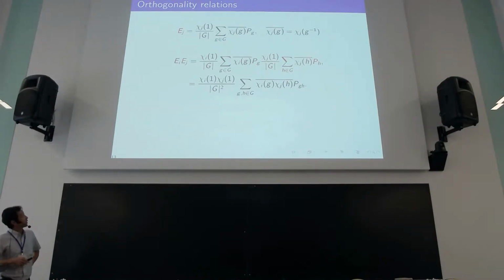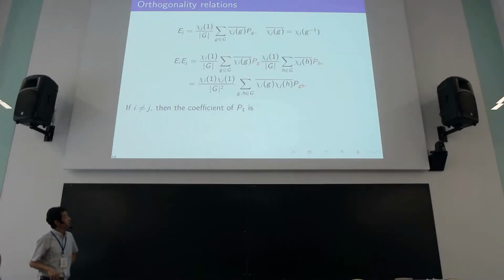But then, how do I multiply these things? Well, I can just collect the coefficients, and then I just have to multiply those permutation matrices. But the permutation matrices P_g times P_h is just P_{gh}. So I get this expression.